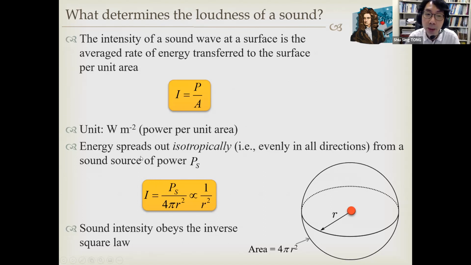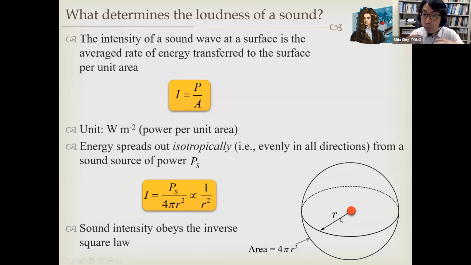Now, if I consider an isotropic sound source, that means the sound is spreading out evenly in all directions. Now that almost never happens because sound sources always have a preferential direction. But suppose it happens, for simplicity of our discussion.